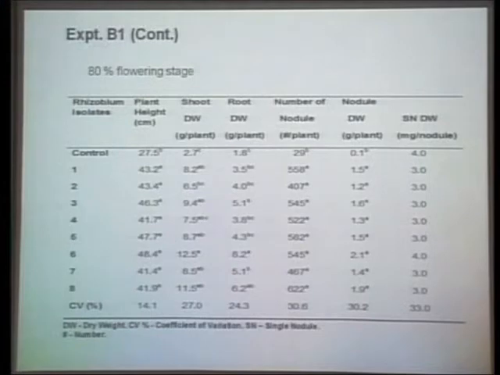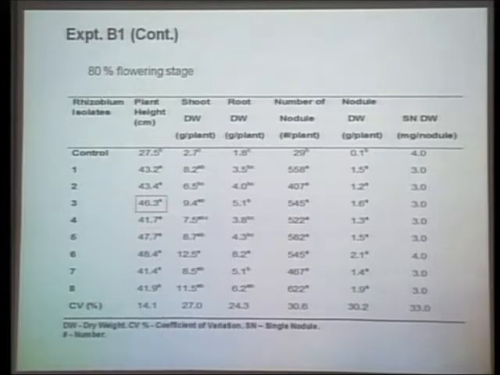The plant height continued to grow at 80% flowering stage. And there again, it shows a high significance among the isolates and the control. And then isolate source continued to lead, followed by isolate 5, and then isolate 3.